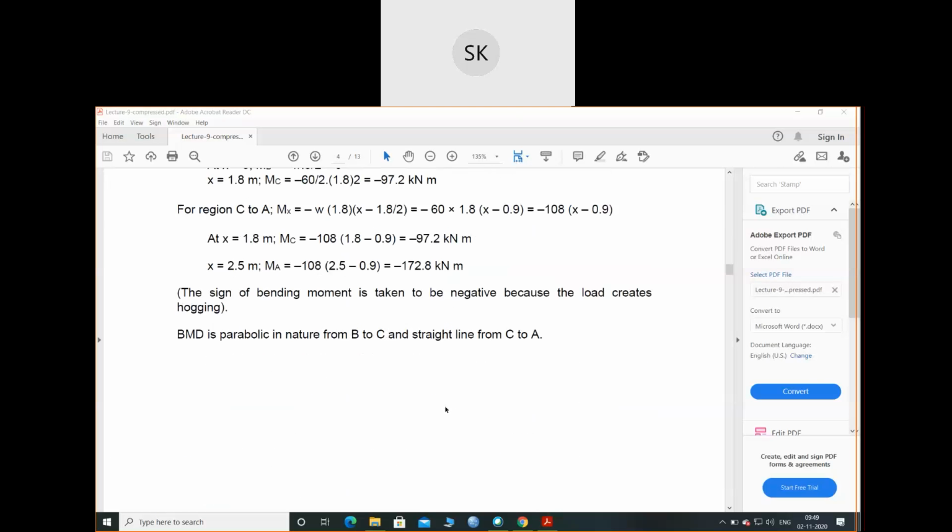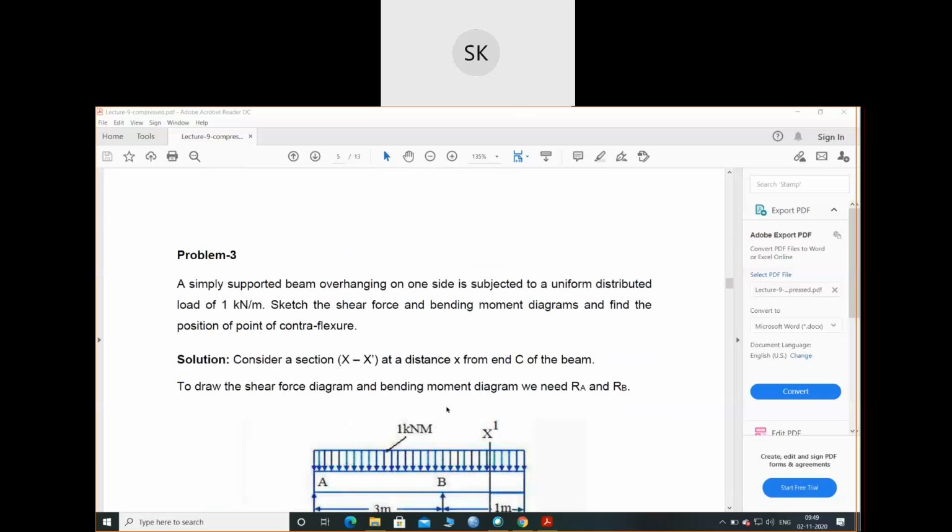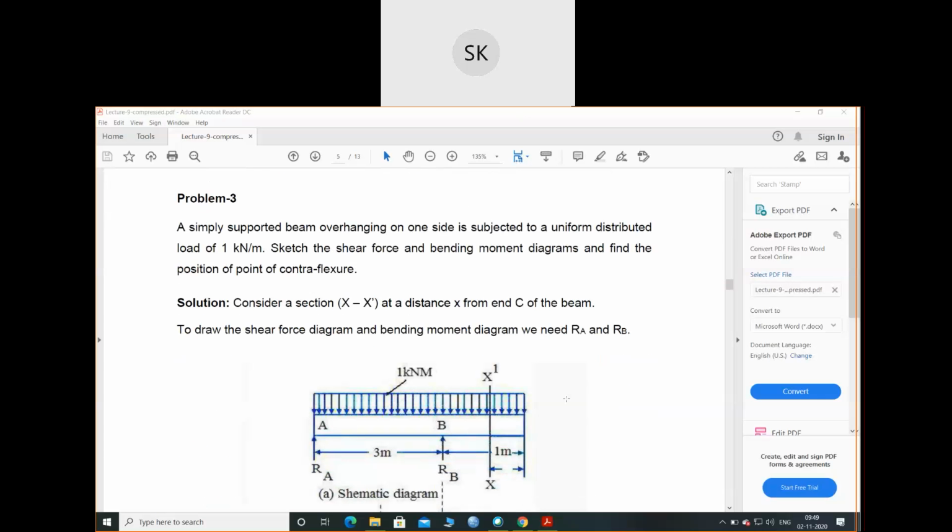So try this one. If I solve each and every question, how will you perform? This one is very simple, right? Some part of the beam is loaded with UDL and some part of the beam is overhanging.